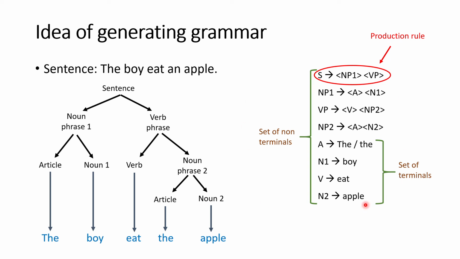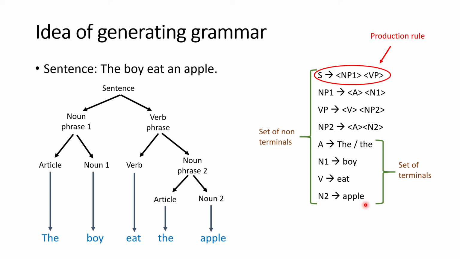So if you closely try to realize what are the basic components that we have used to derive the string of this English language, those components as a whole signify the mathematical definition of grammar.